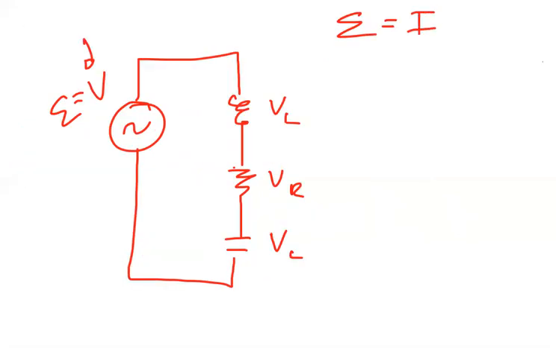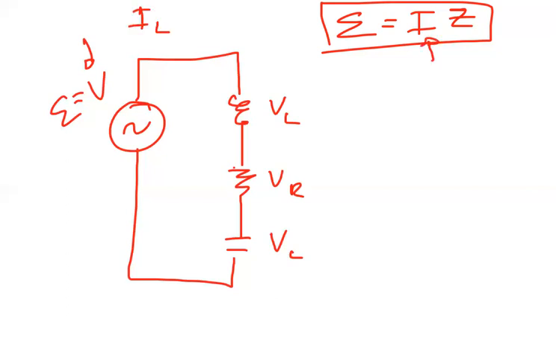So these RLC circuits have a new Ohm's law, and this Ohm's law describes the total system as a whole, where current doesn't change. The amplitude of the current in the inductor, the resistor, and the capacitor are all going to be equal to themselves in terms of amplitude.